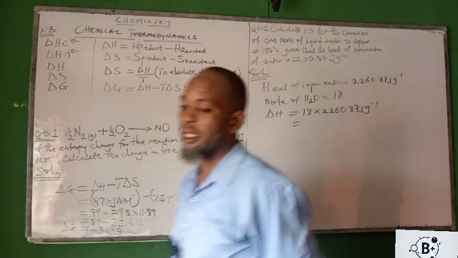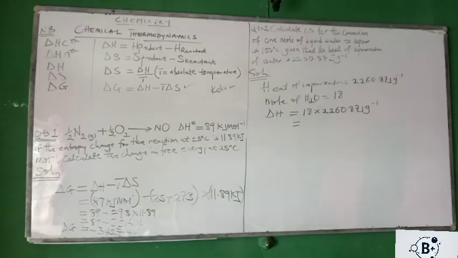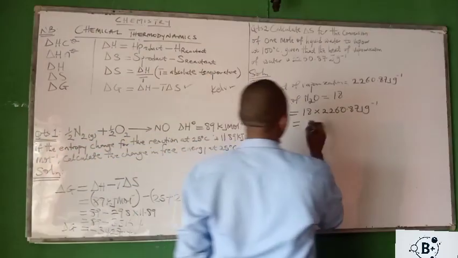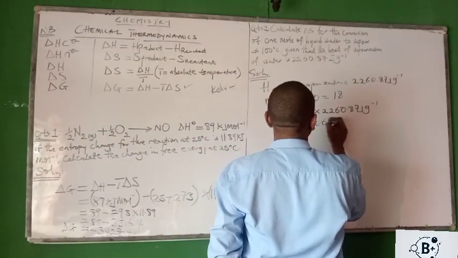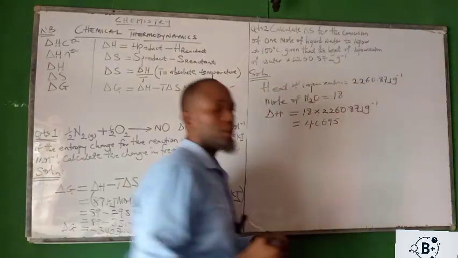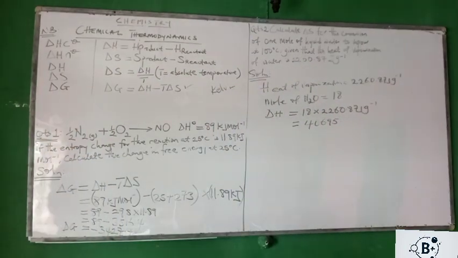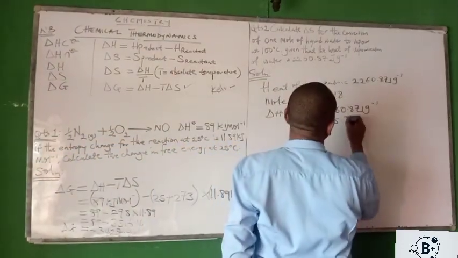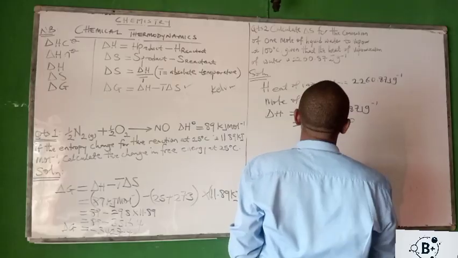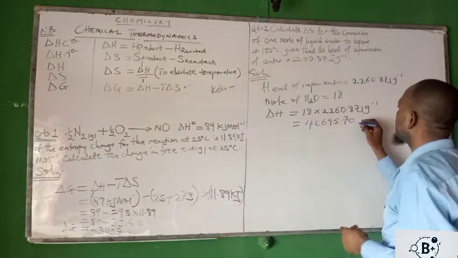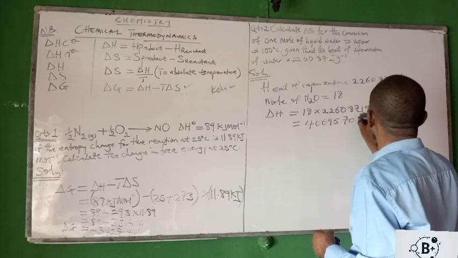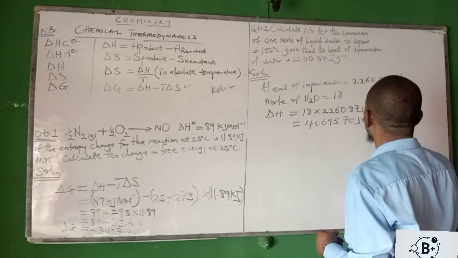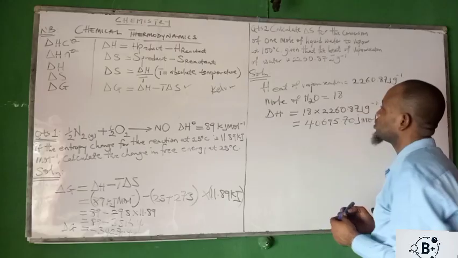If we compute this, the answer will be 40695.70 joules per mole.